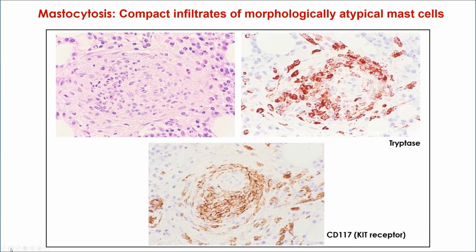This is how it looks, and these cells produce tryptase. Active mast cells would produce a lot of tryptase. That's one of the markers of the disease. And of course, they have on their surface CD117, which is the KIT receptor for stem cell factor, which is the growth factor for the mast cells.